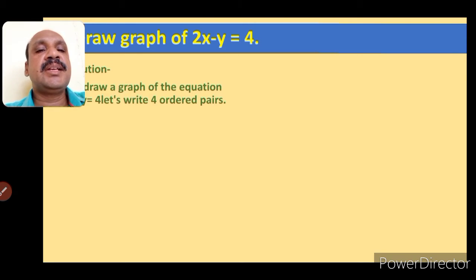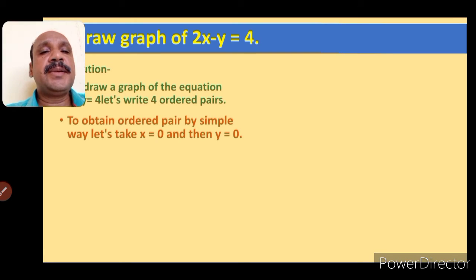Solution: to draw the graph of the equation 2x minus y is equal to 4, let's write 4 ordered pairs. That means we will find 4 ordered pairs to draw the graph of the given equation. To obtain ordered pairs in a simple way, let's take x is equal to 0 and y is equal to 0.